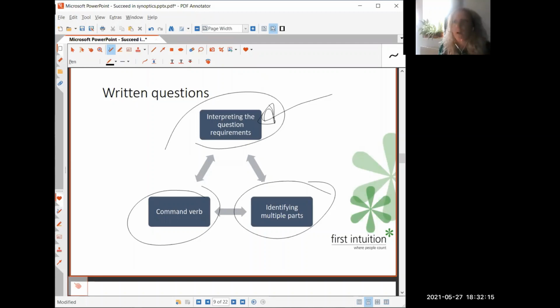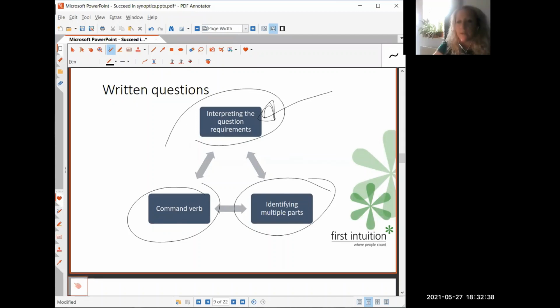So you could be asked to explain this and recommend an action. 3 things you'd be asked to do there, and you could get so wrapped up in doing the first 1 or 2 things that you forget about the third one and you don't do the recommendation and you miss out on some easy marks or some very important marks there.